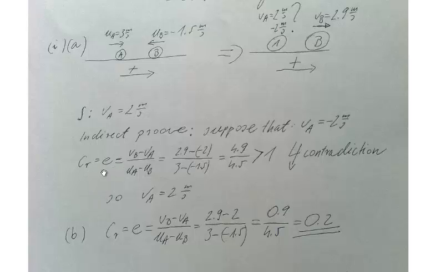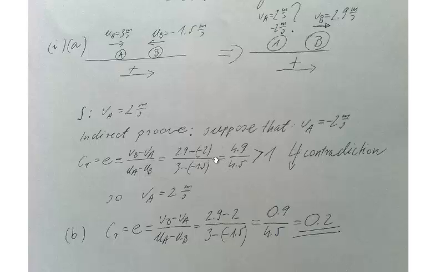CR is equal to e. We apply this formula and substitute. We suppose that VA is equal to minus 2, over UA minus UB. It's 4.9 over 4.5.